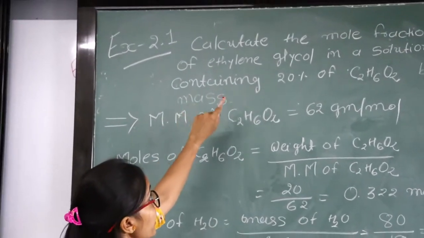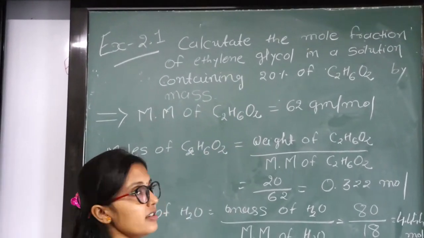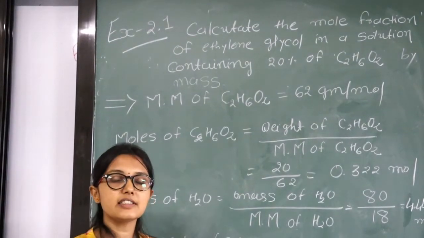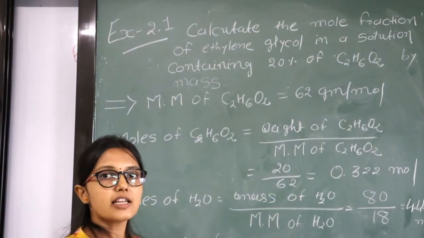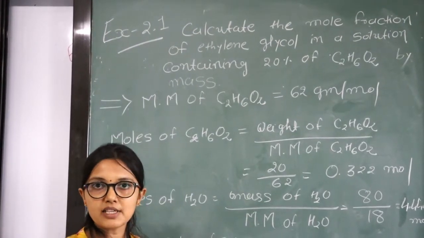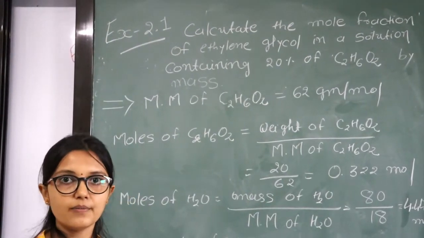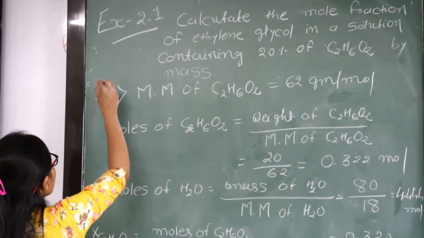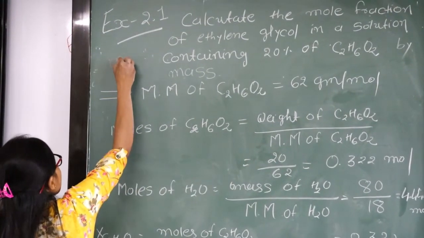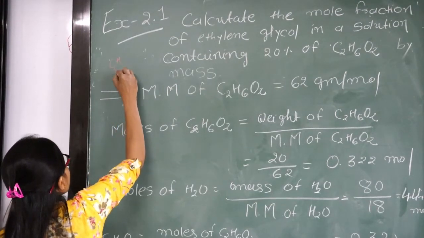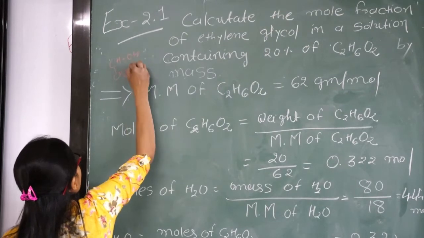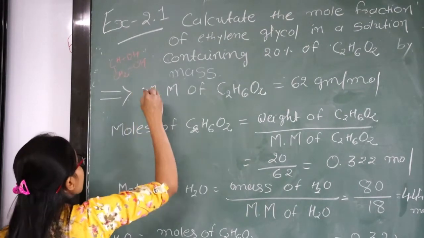The question is, calculate the mole fraction of ethylene glycol. The word present is ethylene glycol. Its second name is ethane-1,2-diol. Its formula is CH2OH, ethylene glycol.